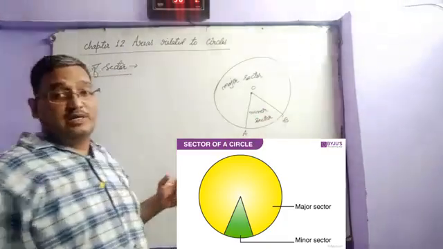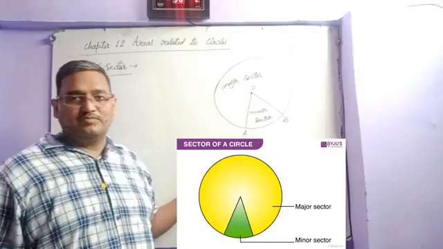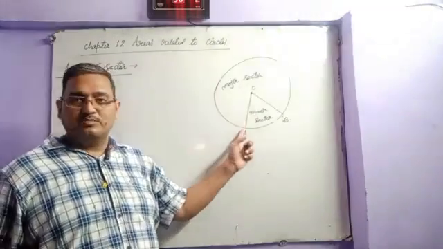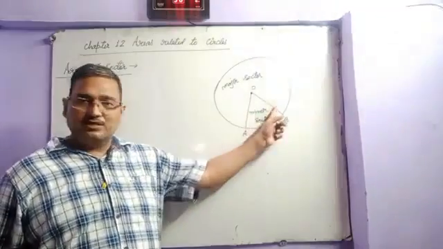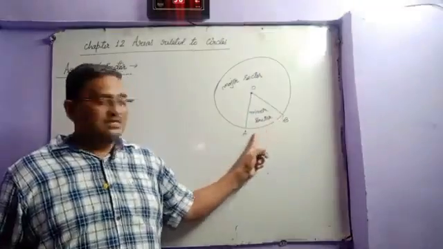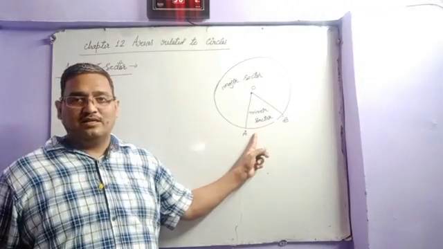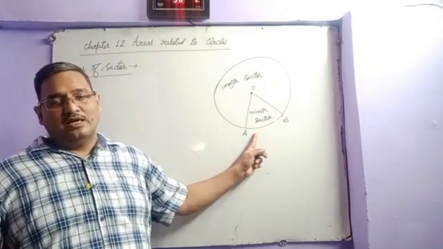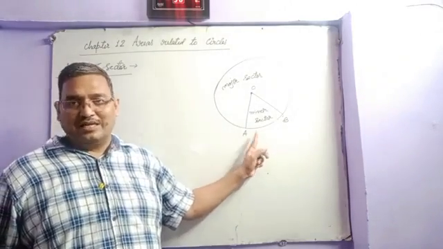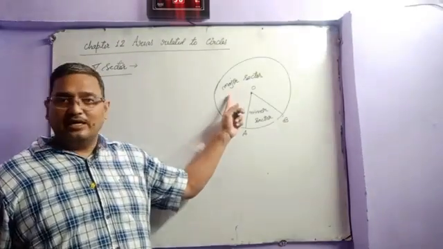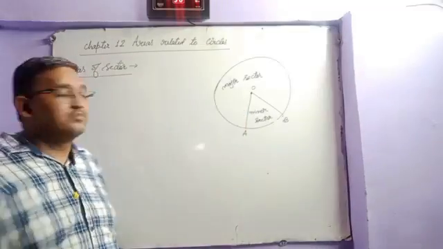So once again I am reminding the definition of sector. Region between the two radius and arc is known as the sector. Now we will calculate the area of the minor sector and area of the major sector.